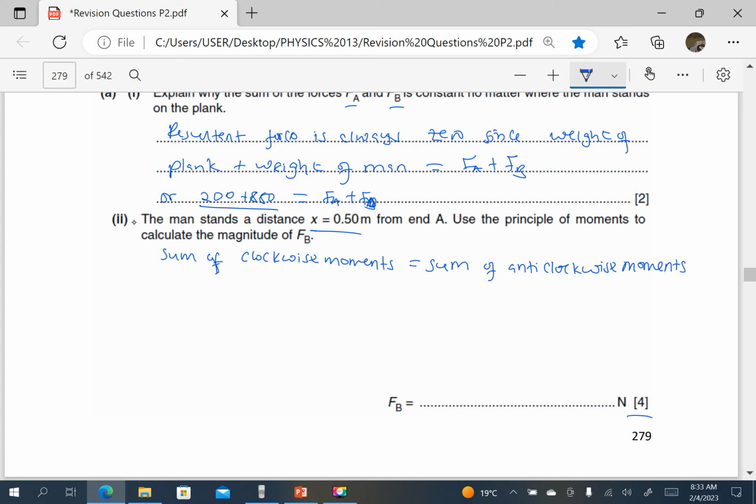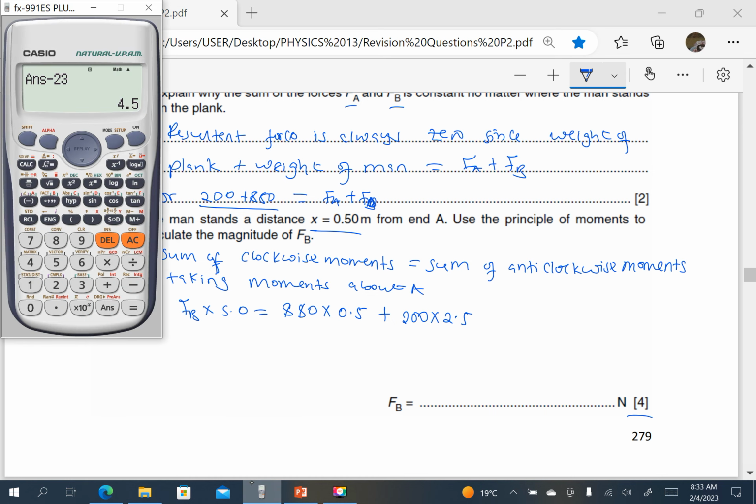The sum of clockwise moments is going to be equal to the sum of anticlockwise moments, and I'm going to take moments about A. So we have Fb times perpendicular distance 5.0 is going to be 880 times the perpendicular distance, which was given as 0.5, plus 200 times the perpendicular distance, which is 2.5.